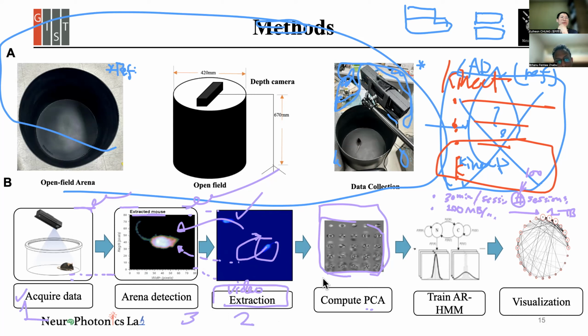Why is this order? Because this one, arena detection, if this is raw data, after the raw data, in the arena detection tool, we have to select the center alignment. After that, we extract and then see whether it is noisy or not in the second step.